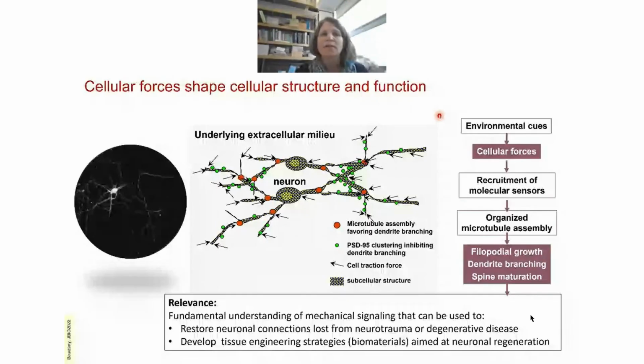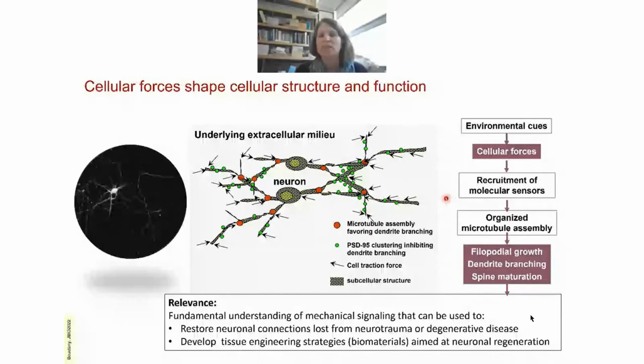These forces and displacement will in turn generate an intracellular signaling cascade that will activate downstream molecular sensors, which will then result in the assembly of the cytoskeleton so that cells can assume a functional morphology that is useful to their biological function.